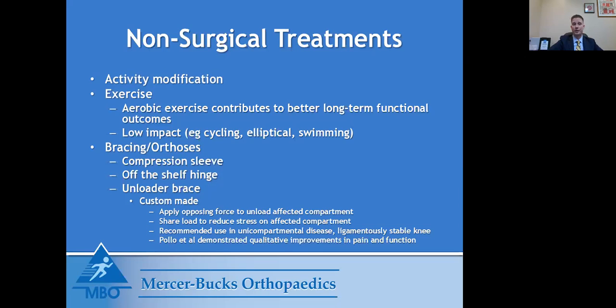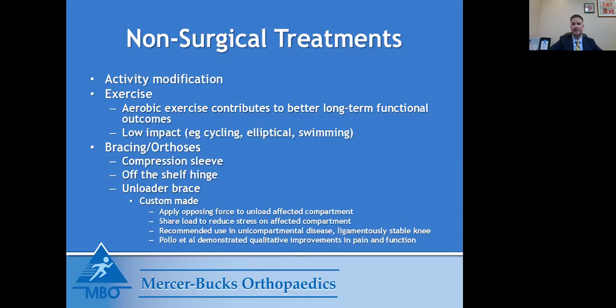Different braces or orthosis. So we generally start with something pretty simple, a compression sleeve. A lot of people have heard of things like a Copper Fit. Doesn't have to necessarily be that particular brand. I only bring that up just as something that's familiar to some folks. But something with an elastic or neoprene type material to provide a little compression and feeling of support.